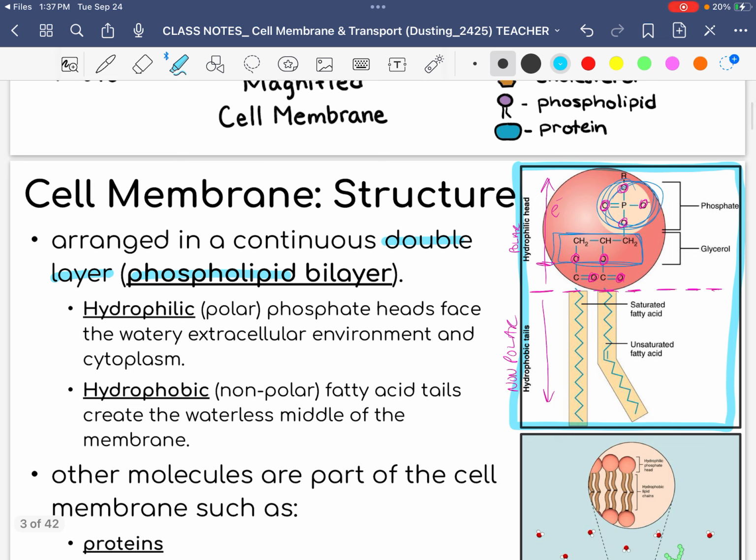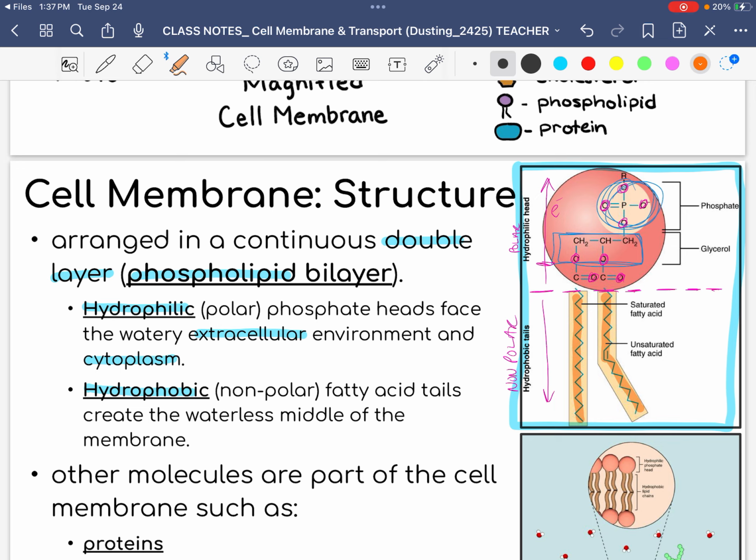So because of that, it makes a phospholipid bilayer. And so remember that the hydrophilic or the polar phosphate heads and the glycerol backbones, they face the watery environments. So that's going to be the extracellular environment and the cytoplasm. And then the hydrophobic fatty acid tails, right? These parts right here. Let's do it in orange. These parts right here, these fatty acid tails, they are non-polar.